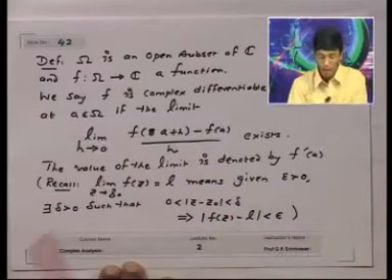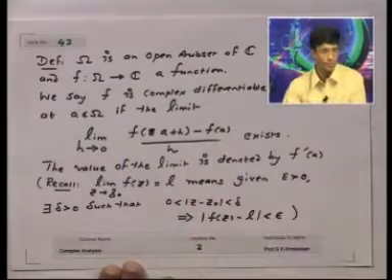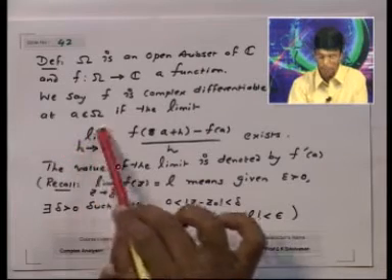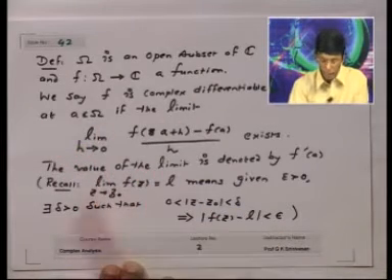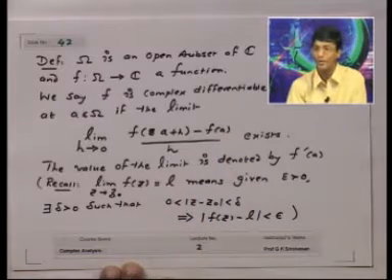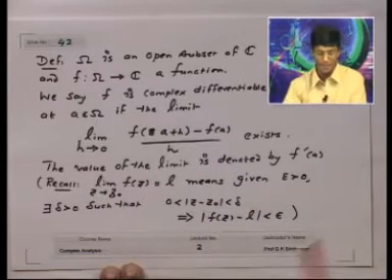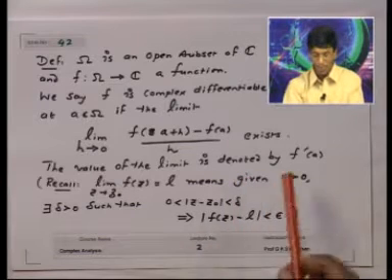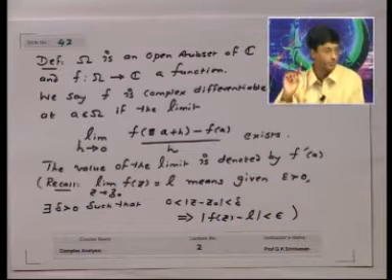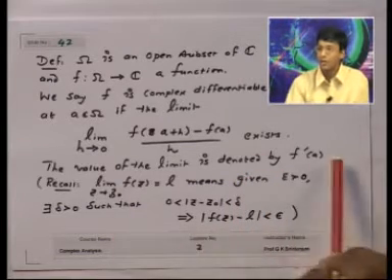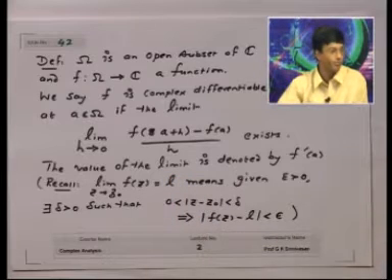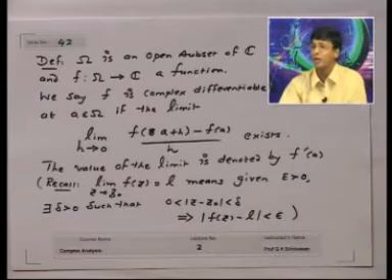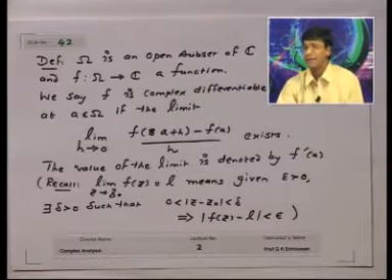We say f is complex differentiable at a belonging to omega if the limit as h tends to 0 of f of a plus h minus f of a upon h exists. The value of the limit is denoted by f prime a, and I am going to call it the derivative of f at a. That is not really written down in the slide, but I am telling you. I am going to call f prime a the derivative.